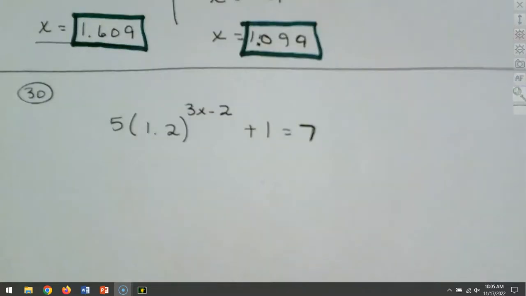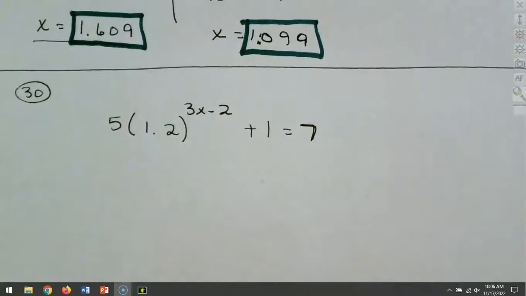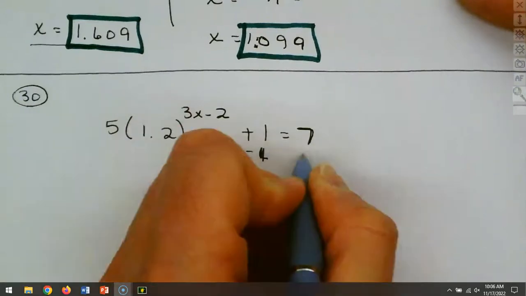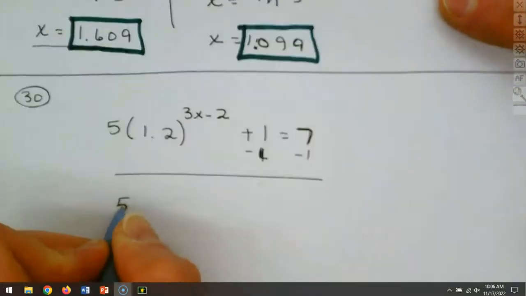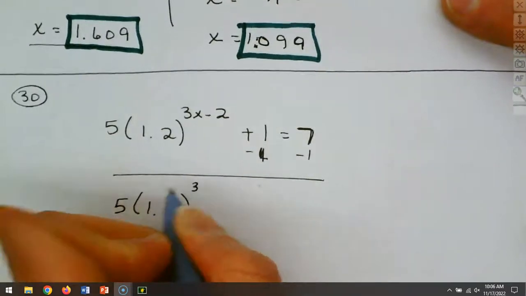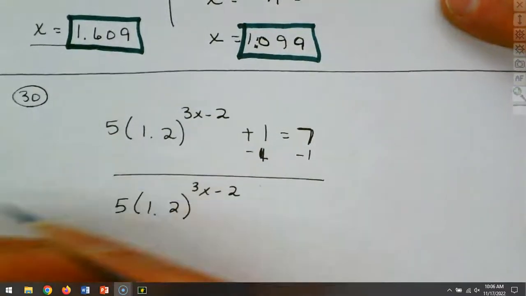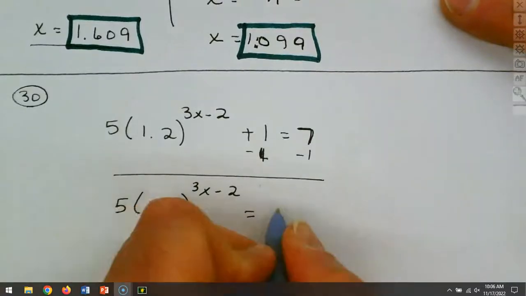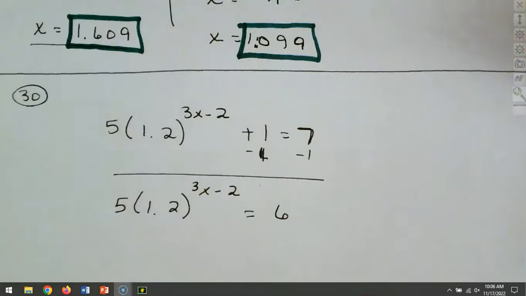Well, what we need to do is we need to first figure out how we can approach it. So what I would do is I would go ahead on this one, I would move that 1 over. So we'll move that 1 over. And that gives you 5 times 1.2 to the 3x minus 2. And that equals now, when you work it out, 6.